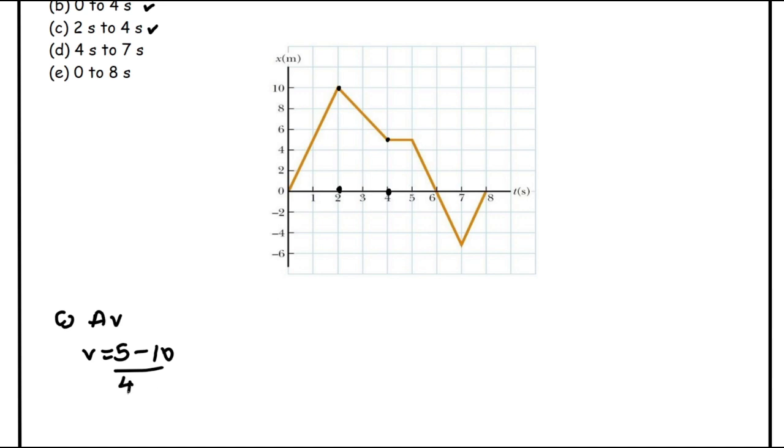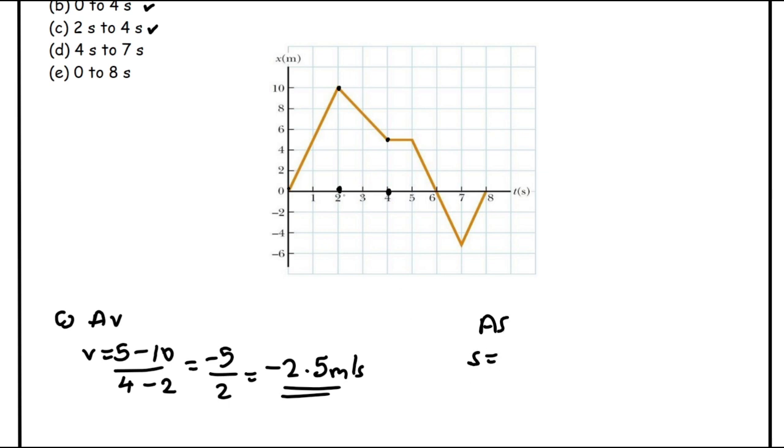Final time is 4 minus initial time is 2. So that's 5 minus 10, that's minus 5, over 4 minus 2, that's 2. This gives us negative 2.5 meters per second.